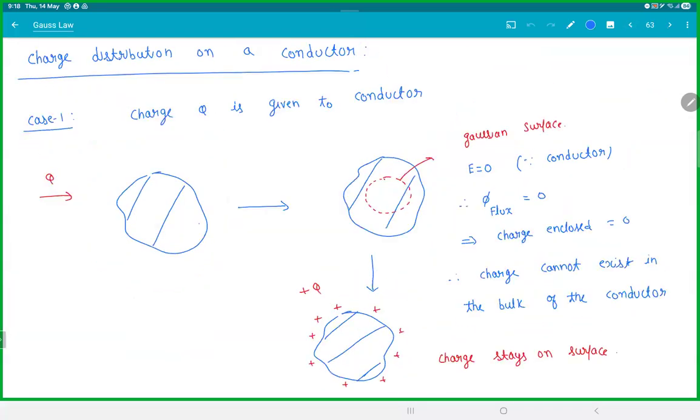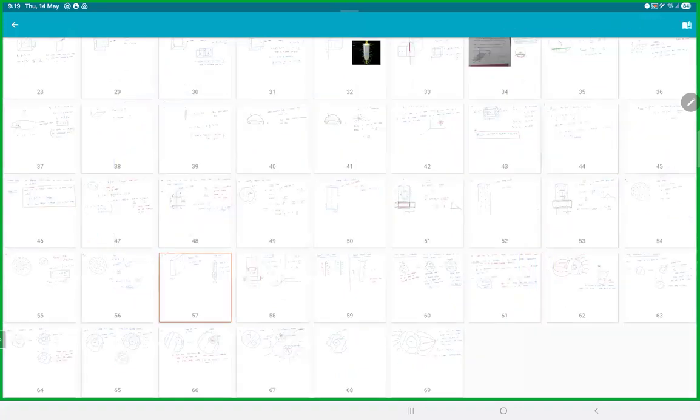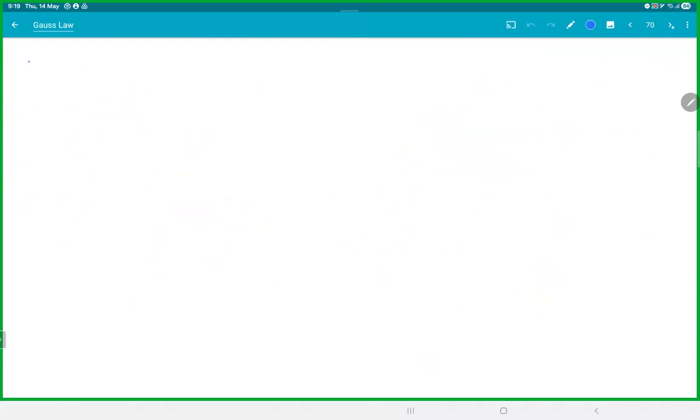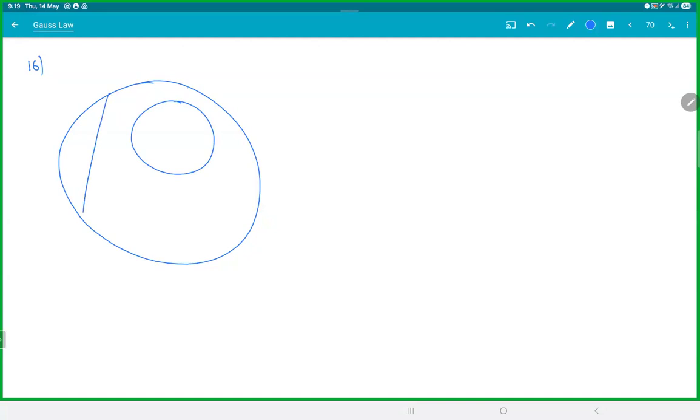Let's see some questions. That will make things more clear. Let's start off with something simple and then we'll slowly bump it up. Let's say we have a conductor. We had a cavity. A solid conducting sphere with a cavity.